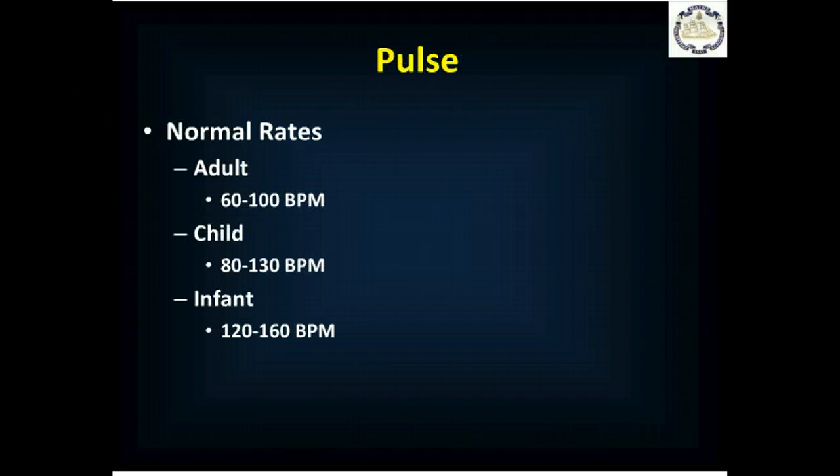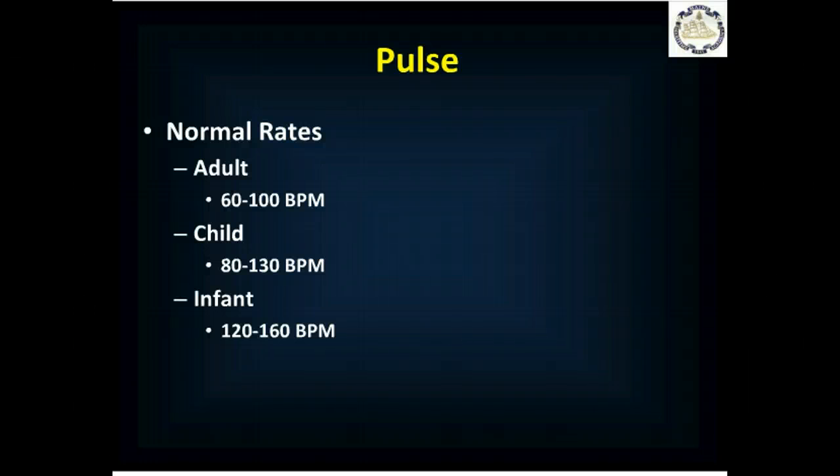So we express pulse rates and respiratory rates in a beats per minute or breaths per minute calculation. And typically we don't measure for a full minute, although if we want to get a very accurate number, we do. However, what we typically do is count for 15 seconds and multiply that number times 4.